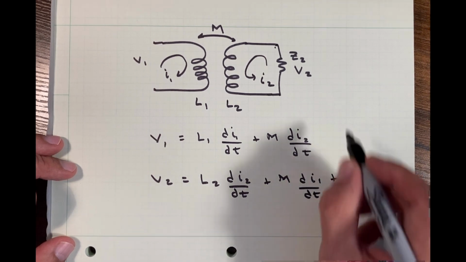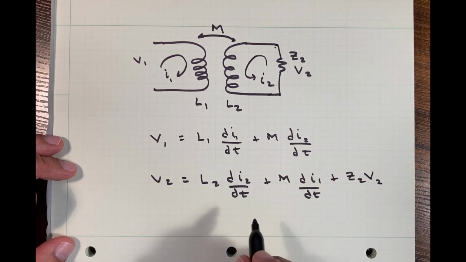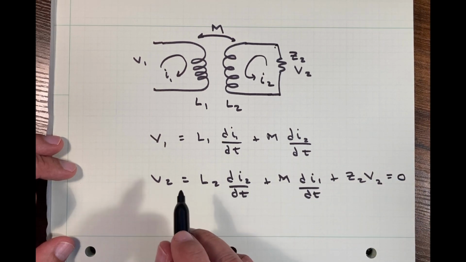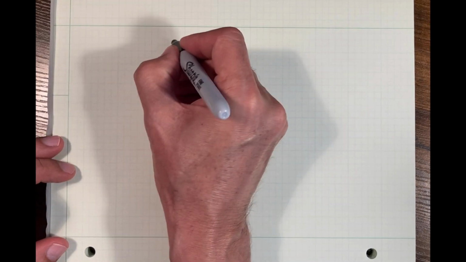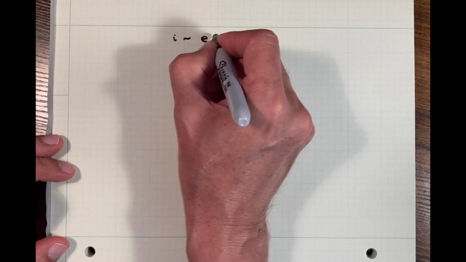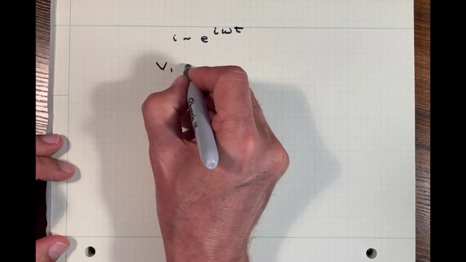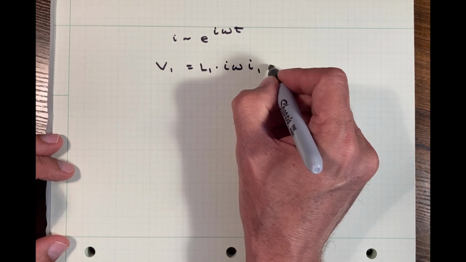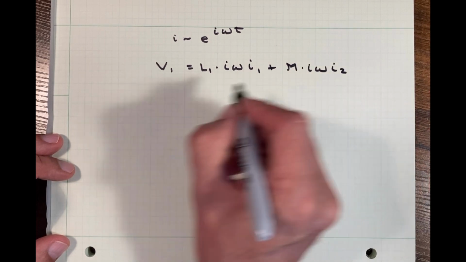And then, of course, we have our Z2 V2. Now this voltage right here is 0, and we can say the following. If we assume that we have a current proportional to e to the i omega t, then we can say that V1 equals L1 times i omega I1 plus M times i omega I2.